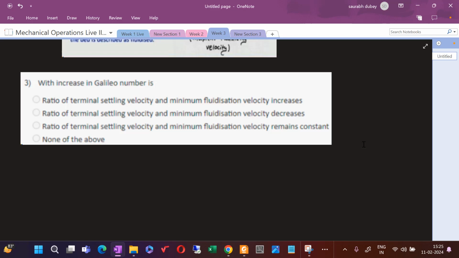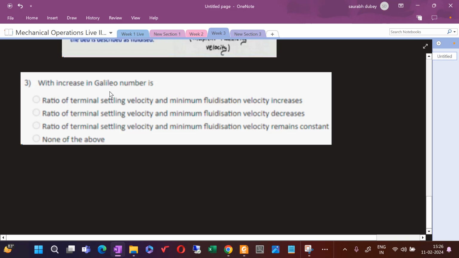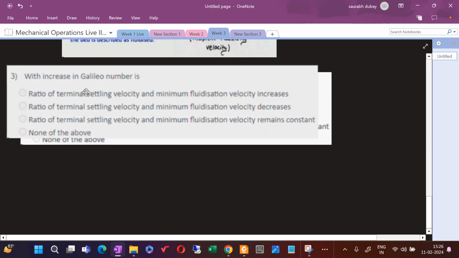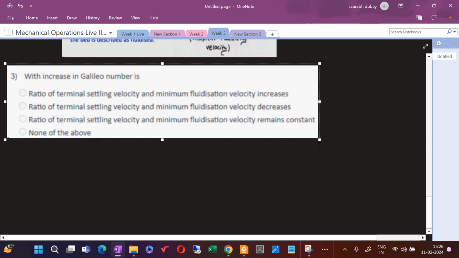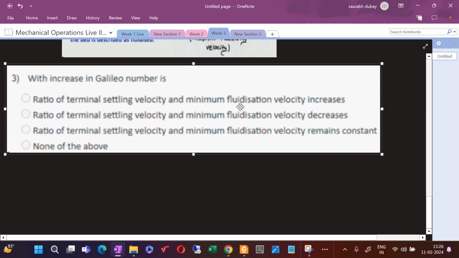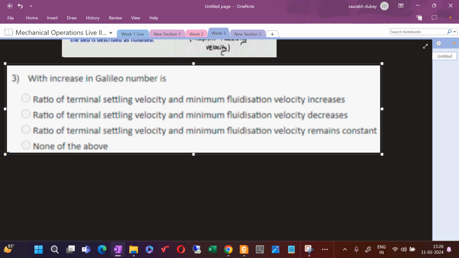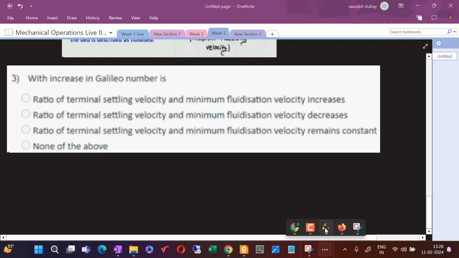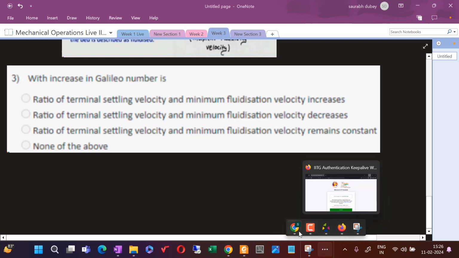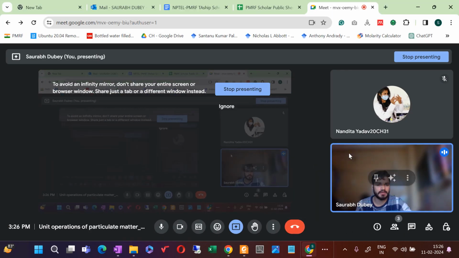So look at this and try to use the concept that has been taught this week, and meanwhile I will discuss the same question with you. I will give around 2 minutes, just solve it. I hope, who is there?